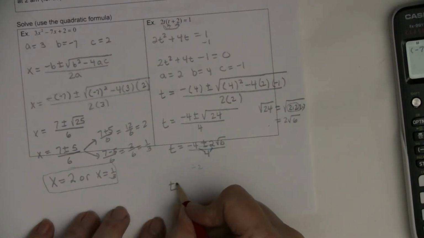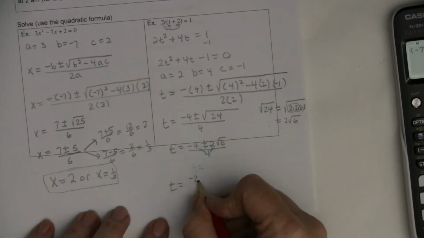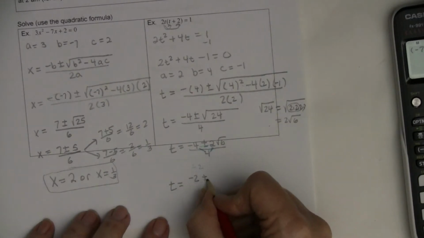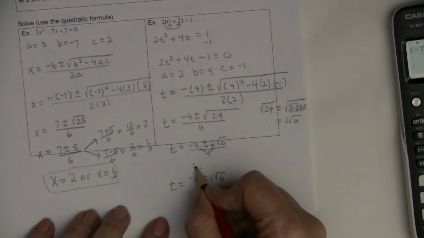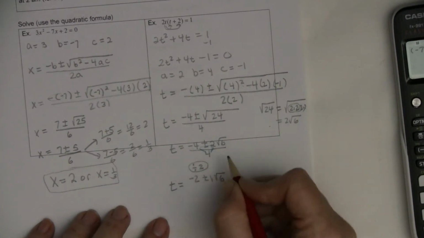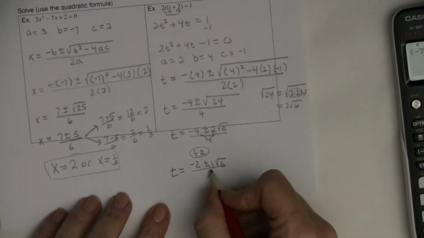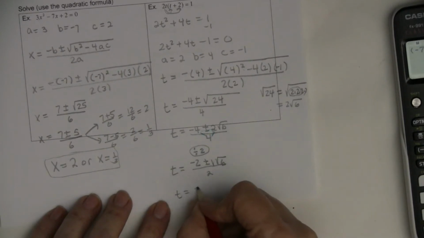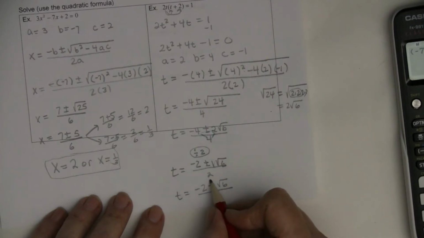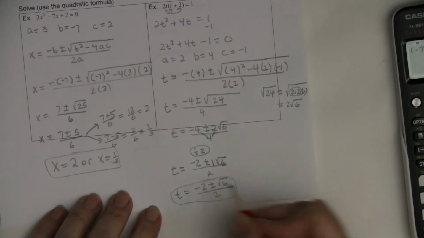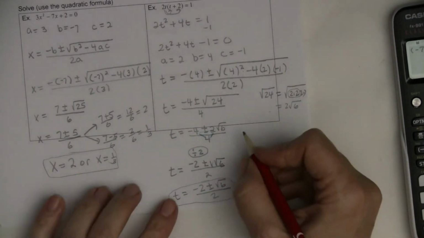So this is t equals -4 divided by 2 is -2. 2 divided by 2 is 1, square root of 6. And that was a divide by 2 on all of them, all of my numbers that are not underneath the square root. 4 divided by 2 is 2. And then you don't have to write that one. So this is t equals -2 plus or minus the square root of 6 all over 2. And that's a good answer. And probably more people would write that answer than another answer.